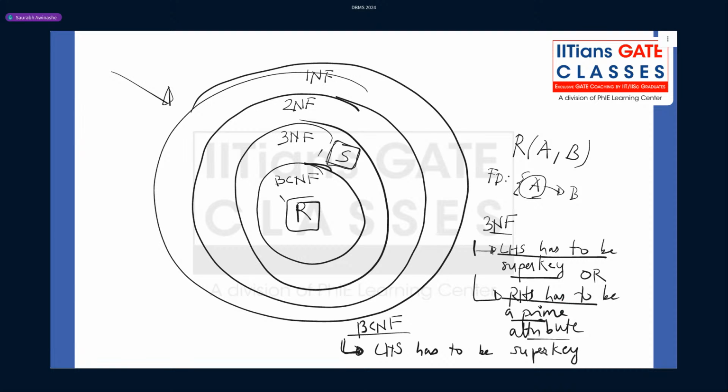But BCNF is stricter. It says that the LHS has to be a super key and those are the only functional dependencies that are allowed. So clearly we can have a relation in 3NF which has the second type of functional dependency, wherein the RHS is a prime attribute but the LHS is not a super key. That will give us a relation that is in 3NF but not in BCNF.